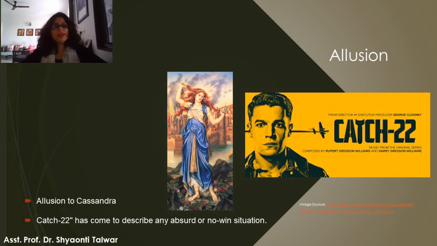I'm sure even in your regional languages, you might be able to figure out these allusions, because we do this all the time. We keep drawing indirect references, we keep drawing people, symbols, characters from outside the context, and we use them, right? So this is what allusion is all about.